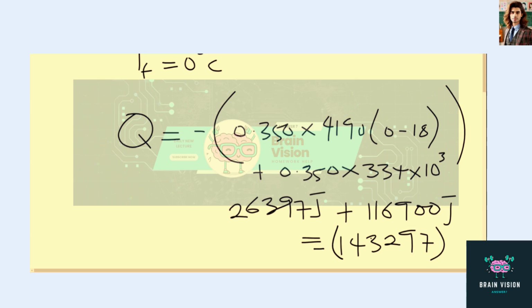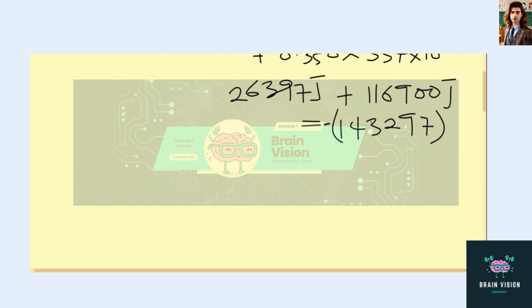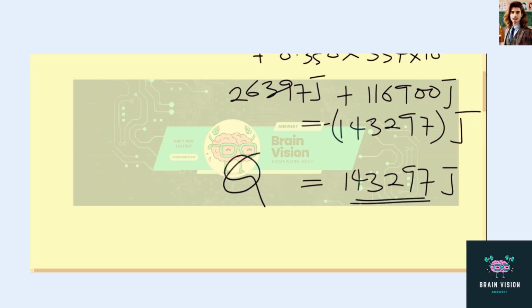Now don't forget, the negative sign is outside of the bracket, so we should always take note of that. The negative sign tells us that heat is lost from the system, so this is the energy that has to be taken out to reduce the temperature all the way down to 0 degrees. This is the heat energy taken out of the system.